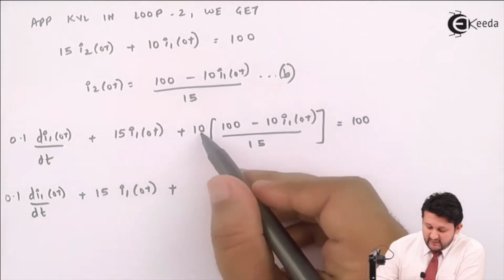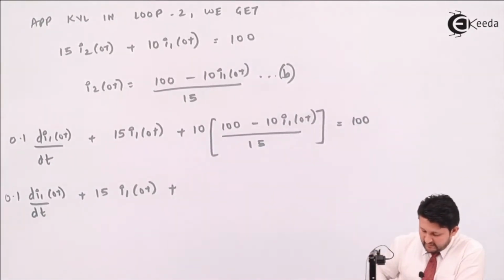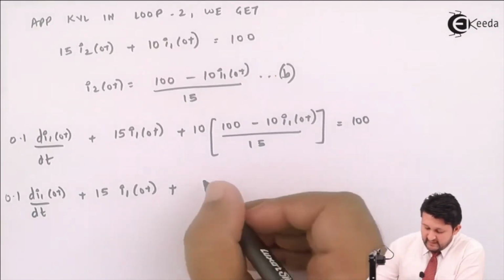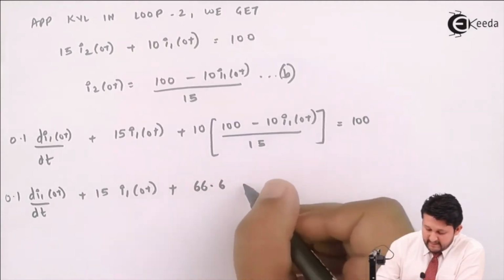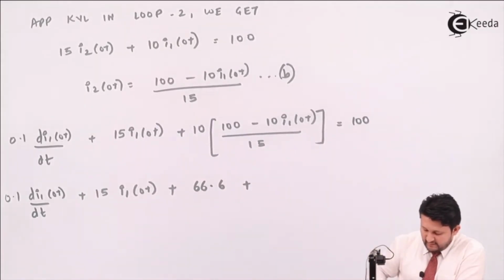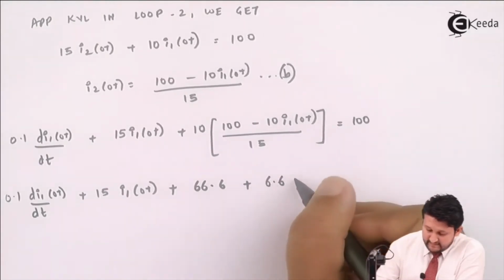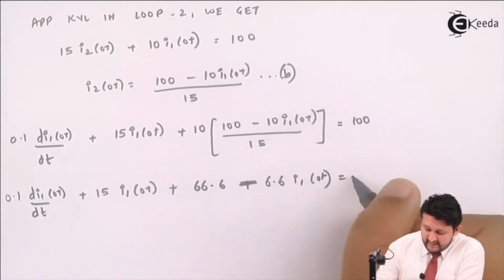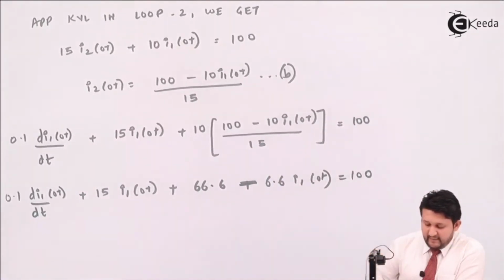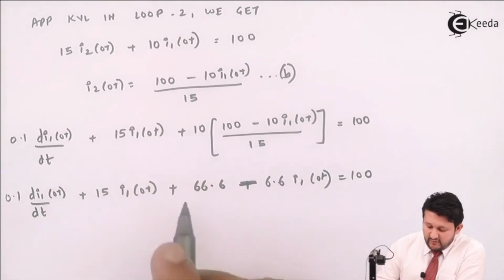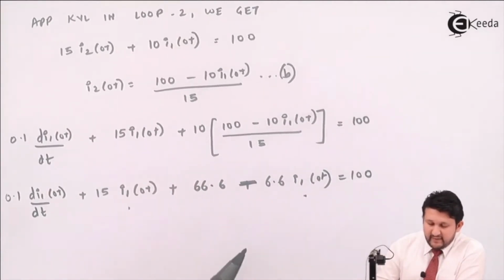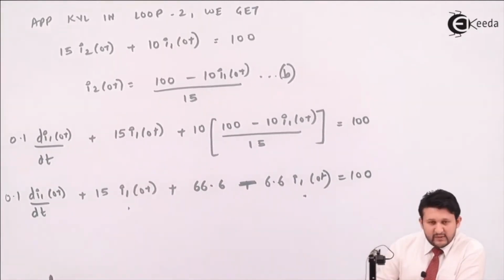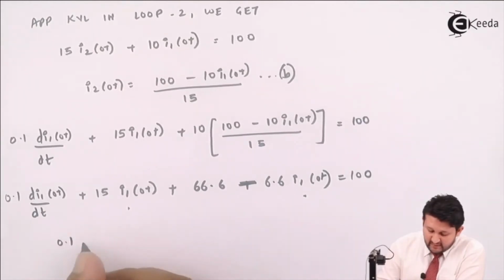So 0.66 into 100 is 66.6, and 0.66 into 10 is 6.6, with negative sign, equal to 100. So rearrange it to combine all the I1 terms together, and the number should be shifted towards your RHS. So it will be 0.1.